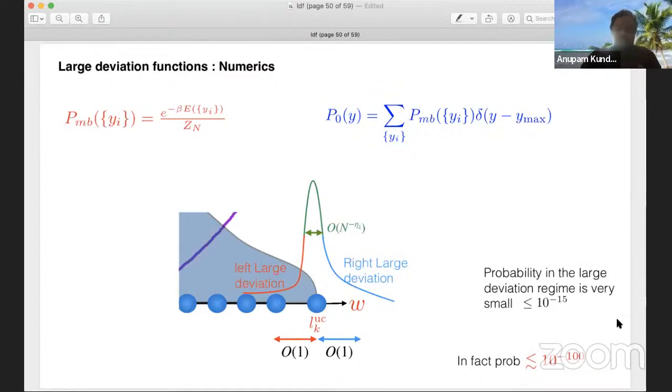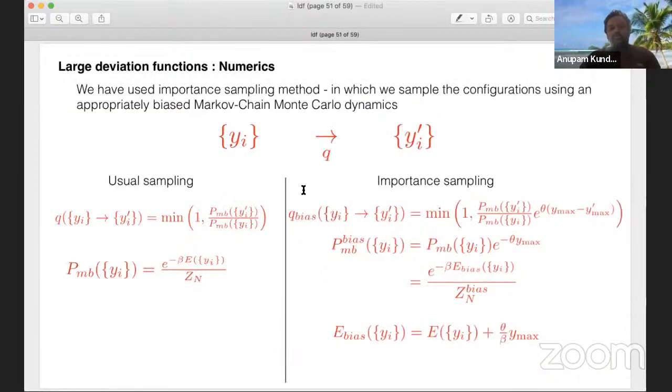So to generate the Maxwell-Boltzmann distribution in the usual sampling method, usual Markov-Chain Monte Carlo dynamics, you consider a jump dynamics, where you start with a configuration and you go to another configuration with a specified jump probability, which is the usual Monte Carlo jump probability, a minimum of 1 and the ratio of these two Maxwell-Boltzmann distributions.